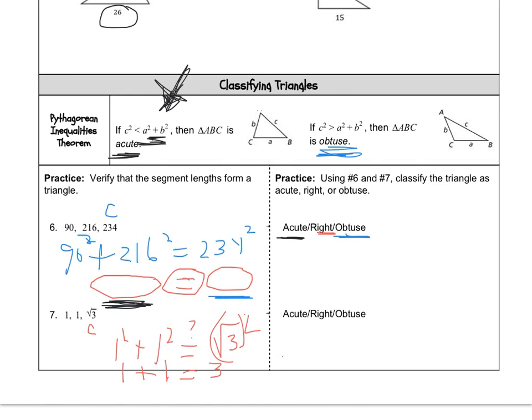Well, 1 plus 1 is 2. And is 2 equal to 3? No. 2 would be less than 3. So isn't my hypotenuse bigger? Since my hypotenuse is bigger, those 3 side measures, 1, 1, and the square root of 3, would give me an obtuse triangle.